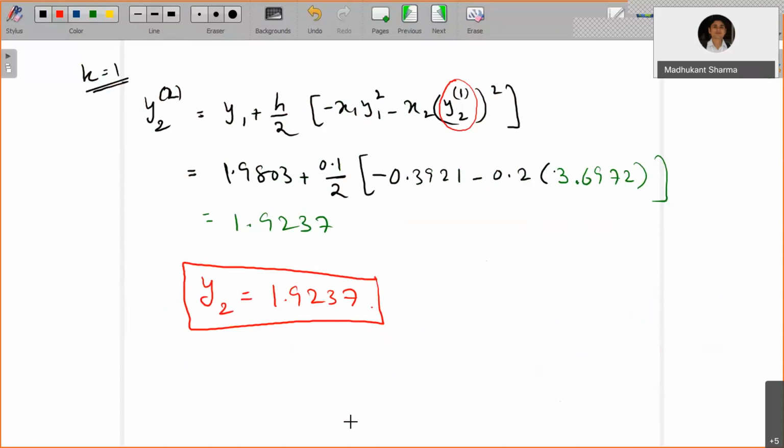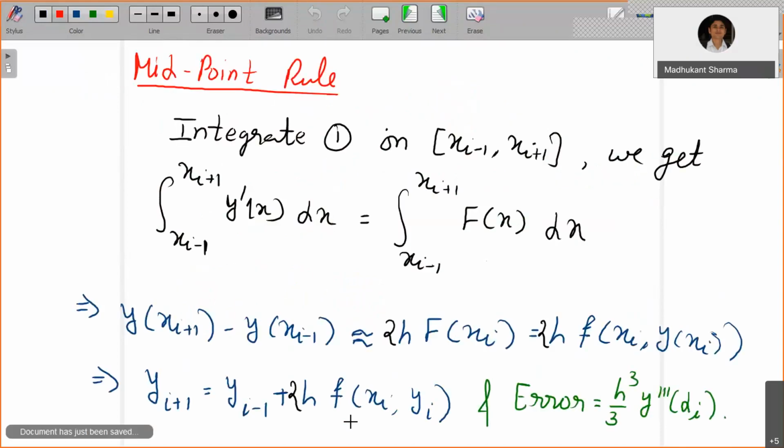What we are going to look at next is the midpoint rule. We have seen in the numerical quadrature formulas how the midpoint rule behaves. If you interpolate a 0-degree polynomial, you get a numerical quadrature which is exact for polynomials of degree less than or equal to 1. So that we have already seen.